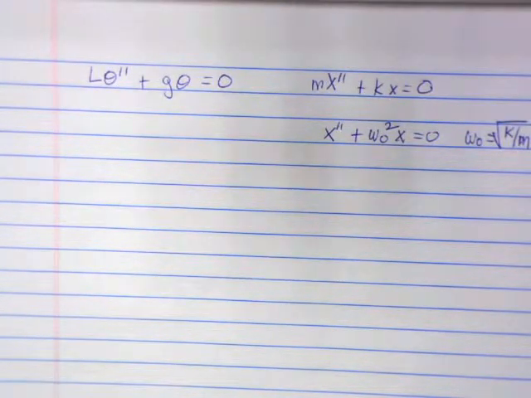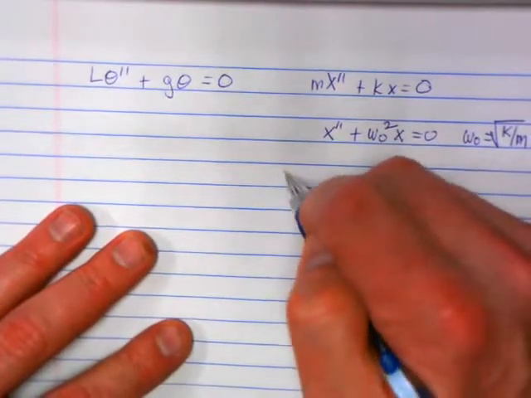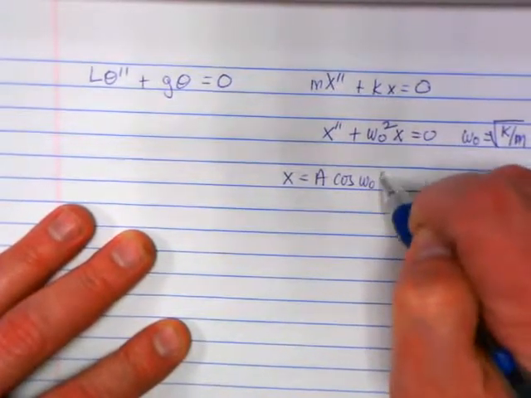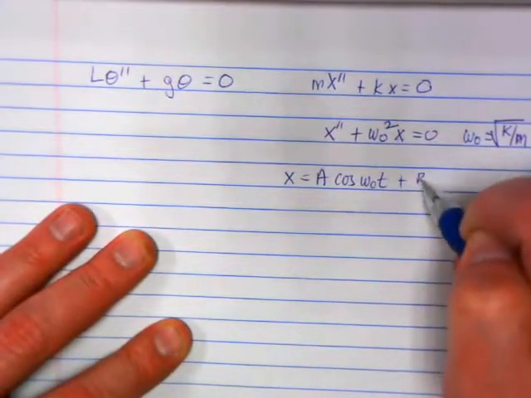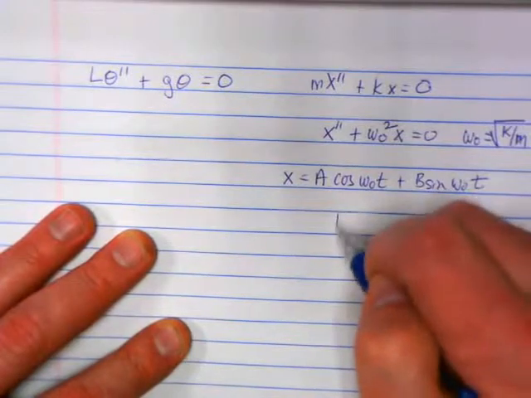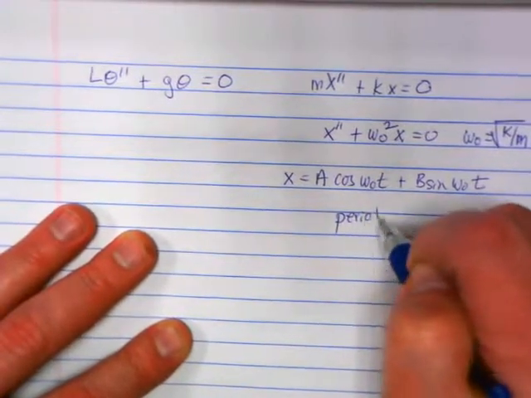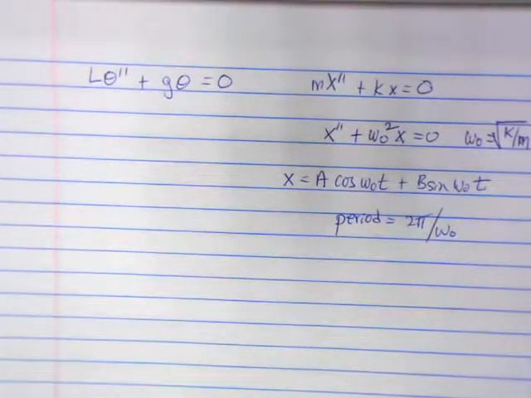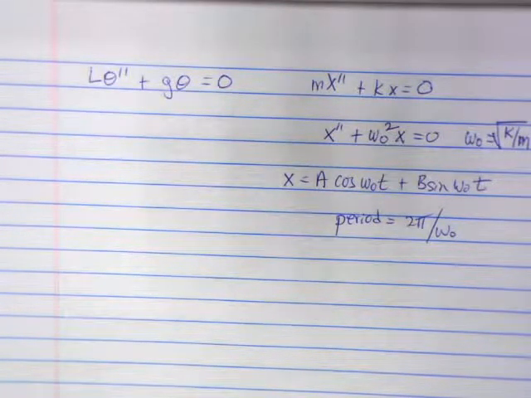And so we saw that this equation had solution x equals a cosine omega naught t plus b sine omega naught t. And it turned out that the period, after we did a whole bunch of fancy trig stuff, the period turned out to be 2 pi over omega naught.